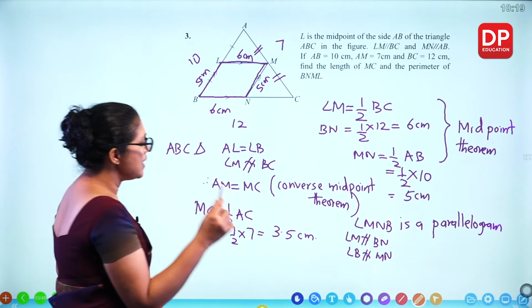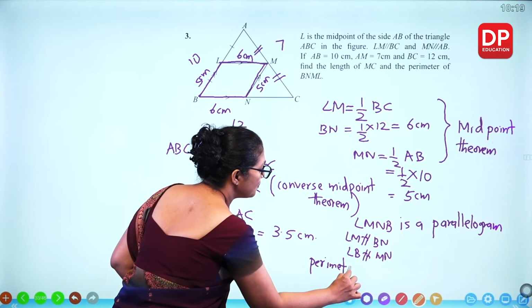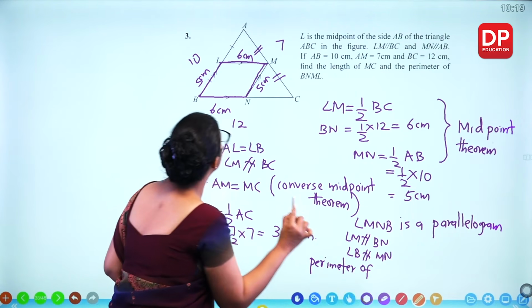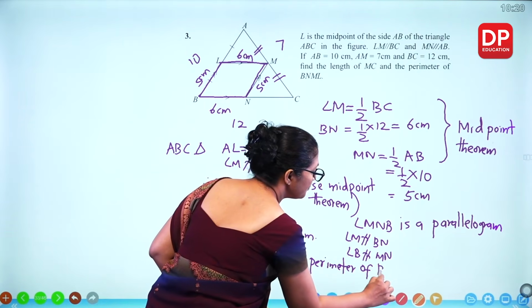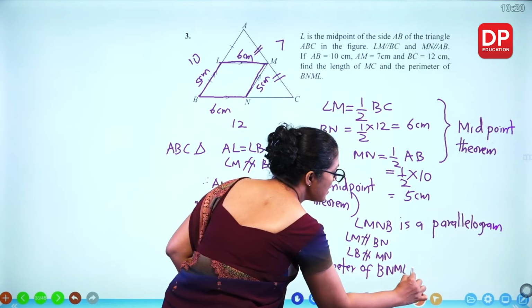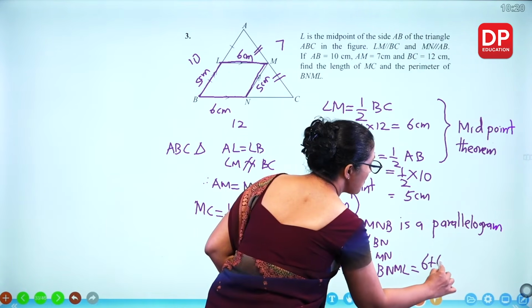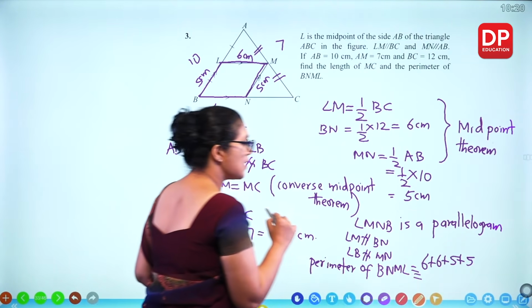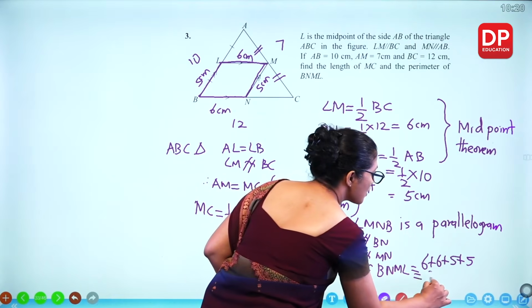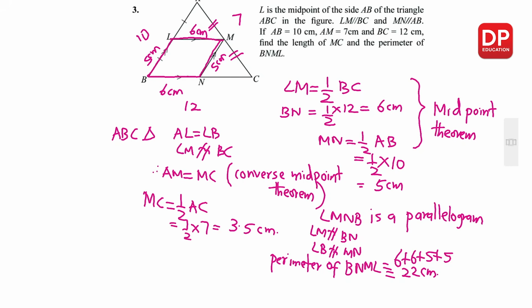So what's the perimeter of BNML? BNML is 6 plus 6 plus 5 plus 5. So you get 11 plus 11, 22 centimeters for the perimeter.